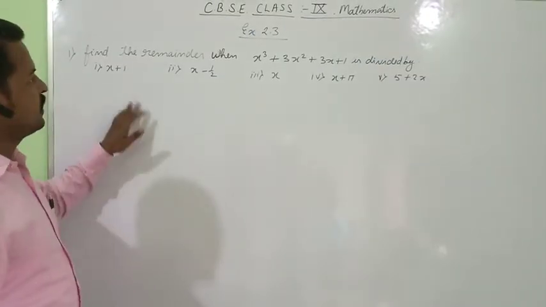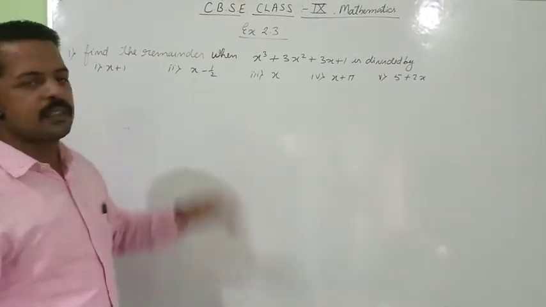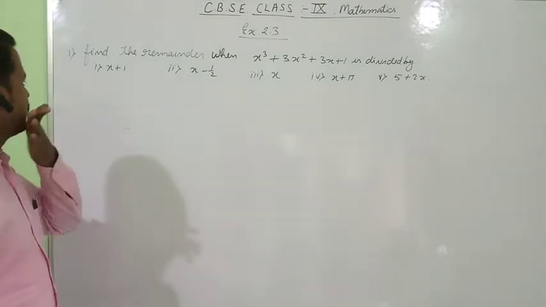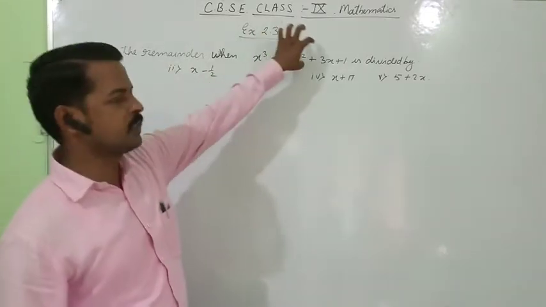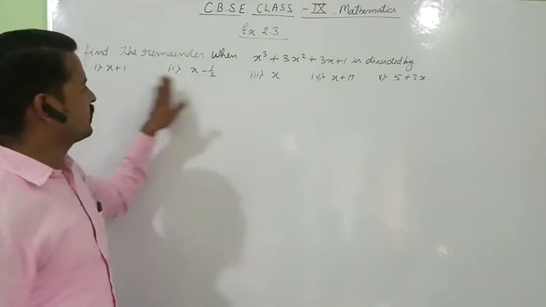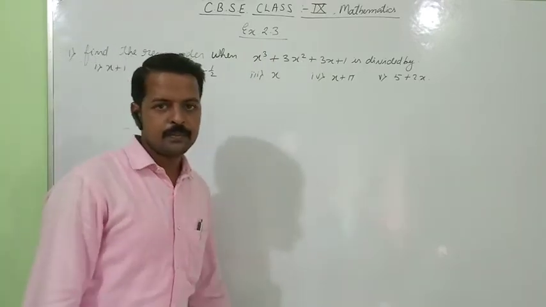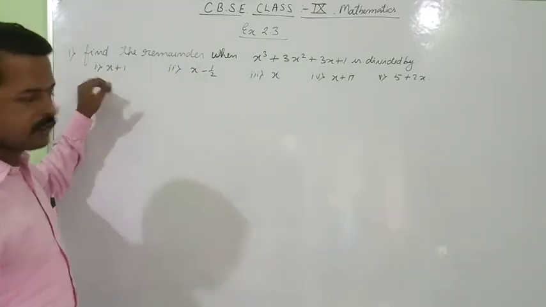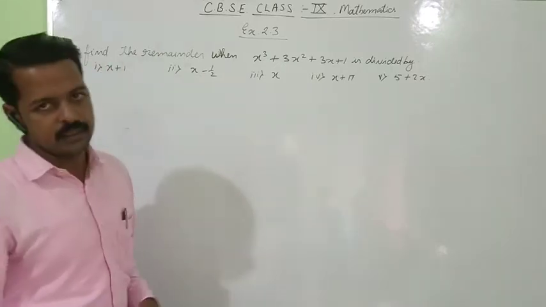Now let us see examples based on the remainder theorem from exercise 2.3. In the first example, we have to find the remainder when this polynomial is divided by all these 5 divisors. Okay, one by one we have to take each as a divisor and find the remainder.